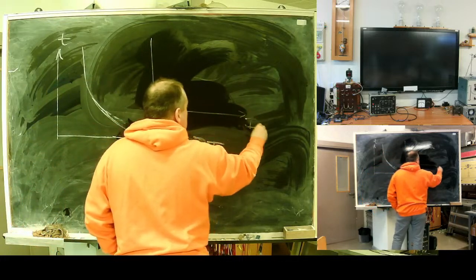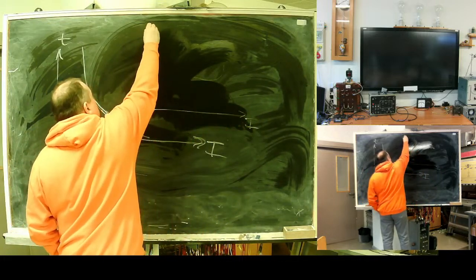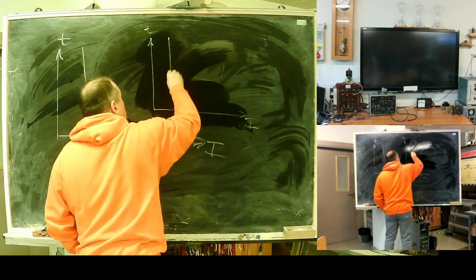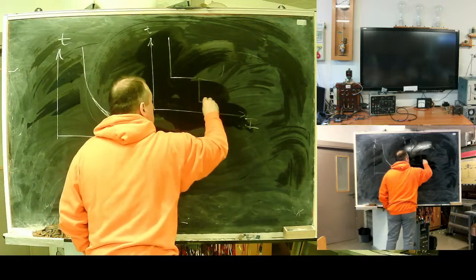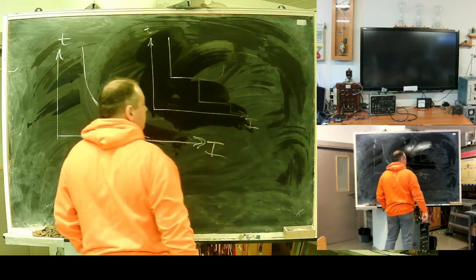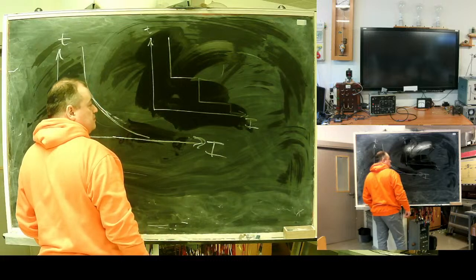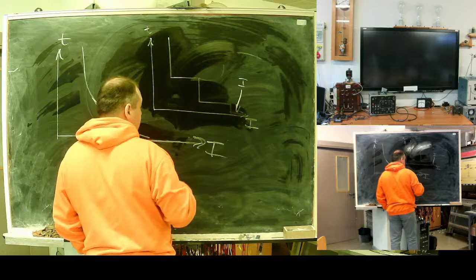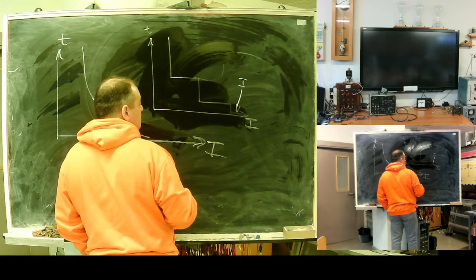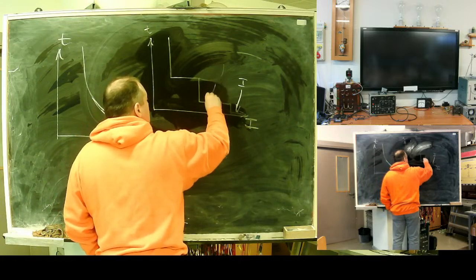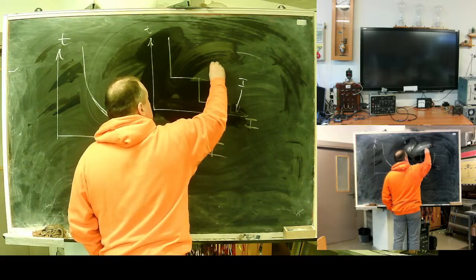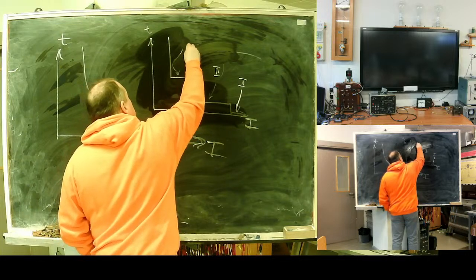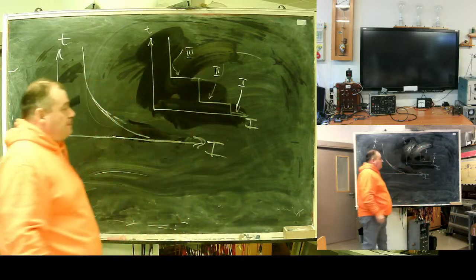In coordinates of current and time, three zones, what will we have? This is the first zone, this is the second, and this part is the third zone.